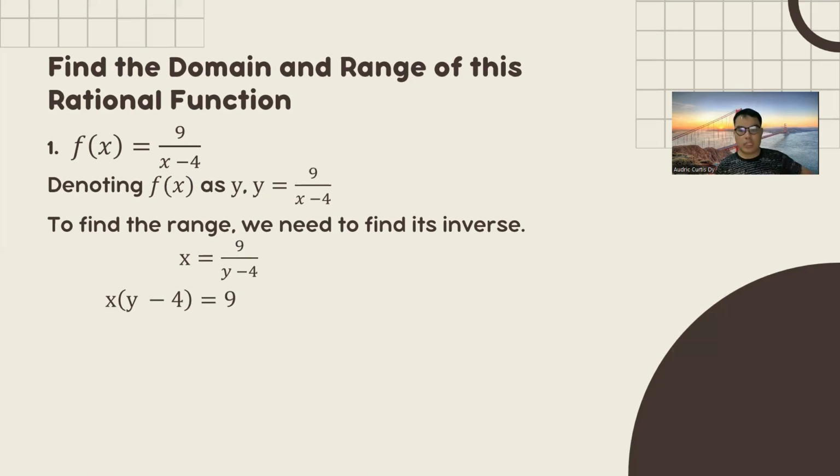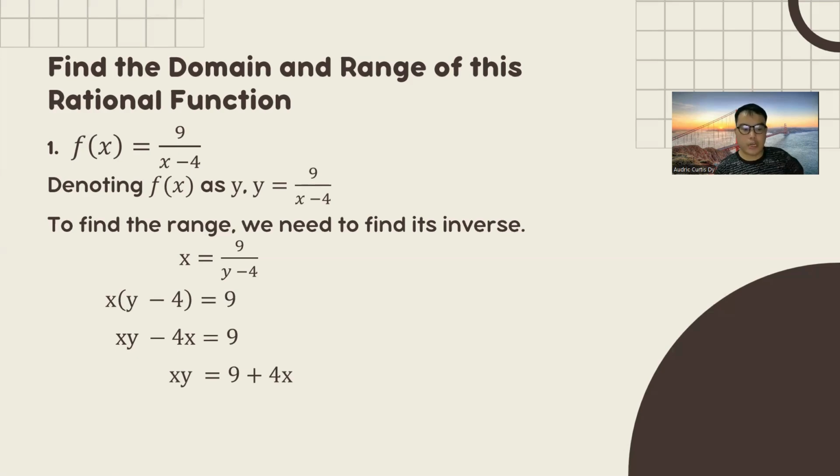What we did is multiply both sides by y minus 4. Then we use the distributive method to come up with xy minus 4x, because x times y minus 4. Then, to isolate y at the left side, we transpose the minus 4x to the right side.